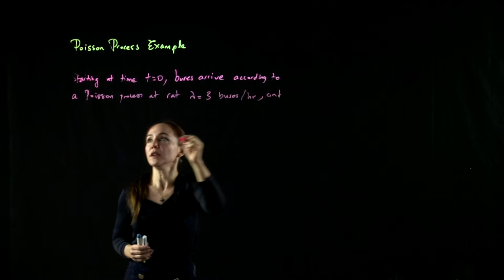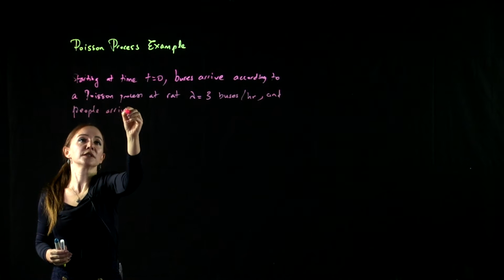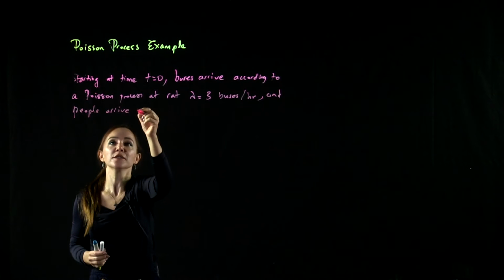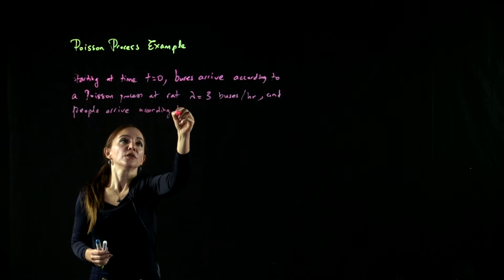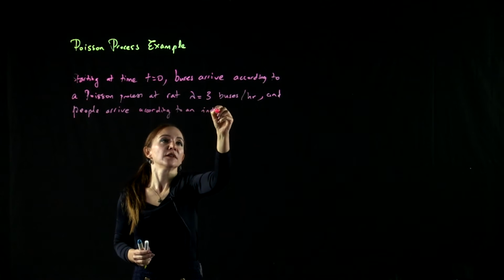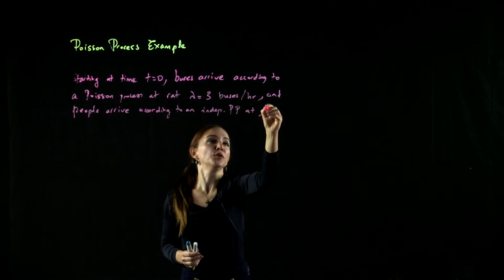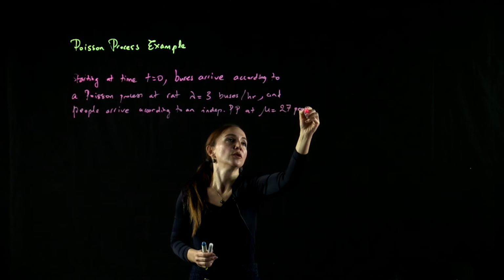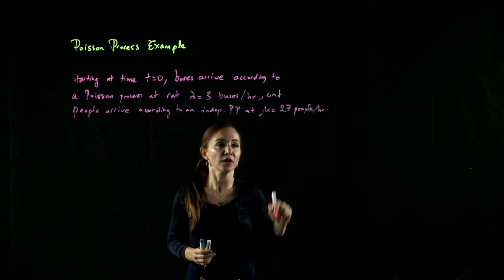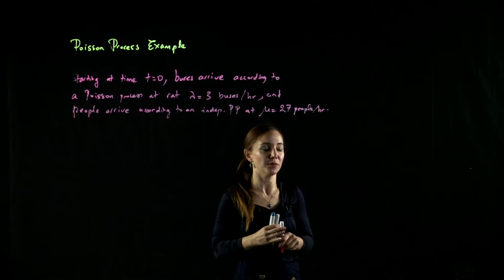And people arrive at the same bus stop in order to get on a bus according to an independent Poisson process at rate mu equals 27 people per hour. We want to answer a number of questions related to this problem.